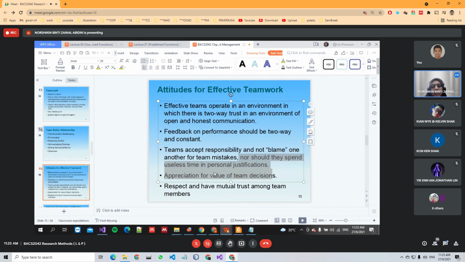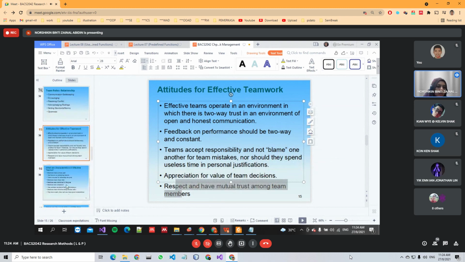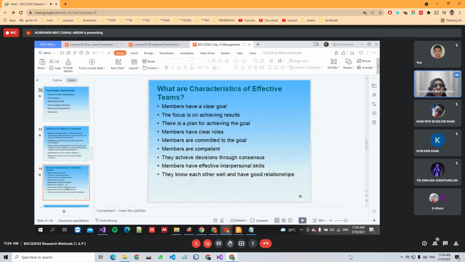Second, personal justification is when you insist on justifying something based on your personal opinion. Justification is important, but do not use personal justification against your teammate. Appreciation for the value of decisions, and respect and mutual trust among team members. Of course, we are working together, so we need to trust our team members.